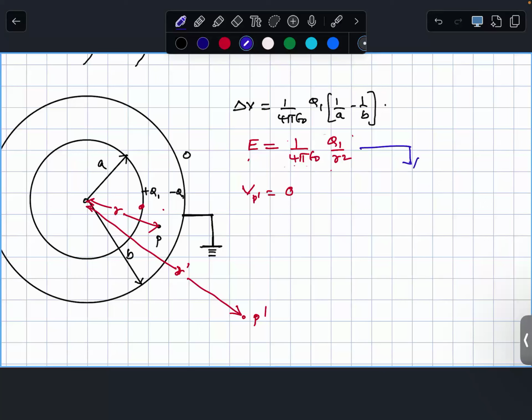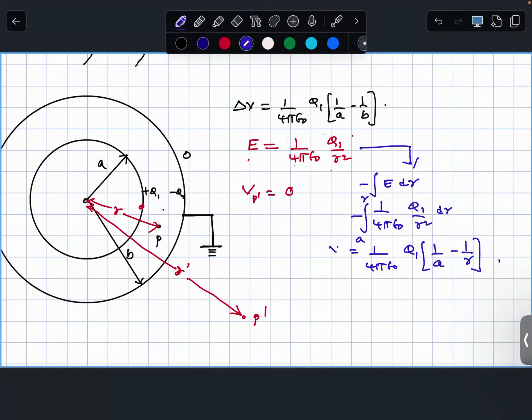Now with this, minus integral E dR, 1 by 4 pi epsilon naught Q1 by R square dR, from A to some R. So what will happen? 1 by 4 pi epsilon naught Q1 times 1 by A minus 1 by R. Yes, that is the potential difference between these points.